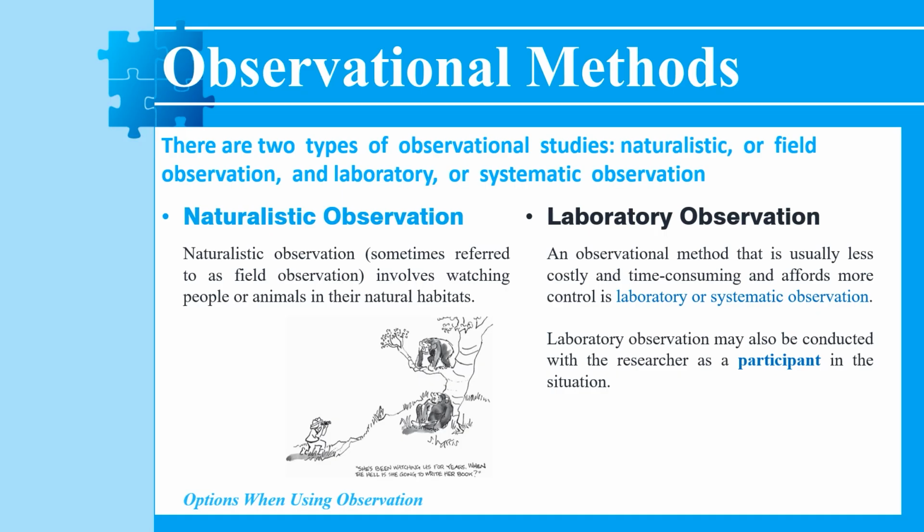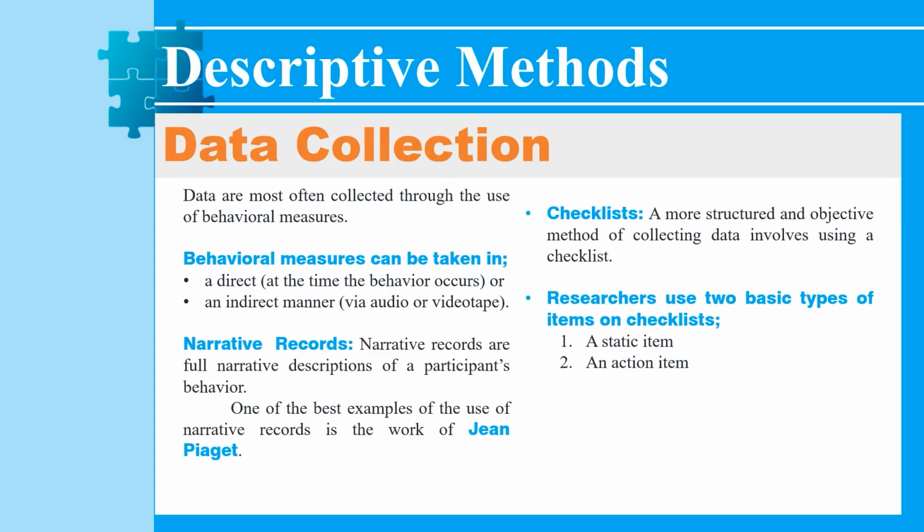In other studies involving laboratory observation, the participant is disguised. And research on helping behavior, referring to altruism, often uses this method. For example, researchers might stage what appears to be an emergency while participants are supposedly waiting for an experiment to begin. Data collection.